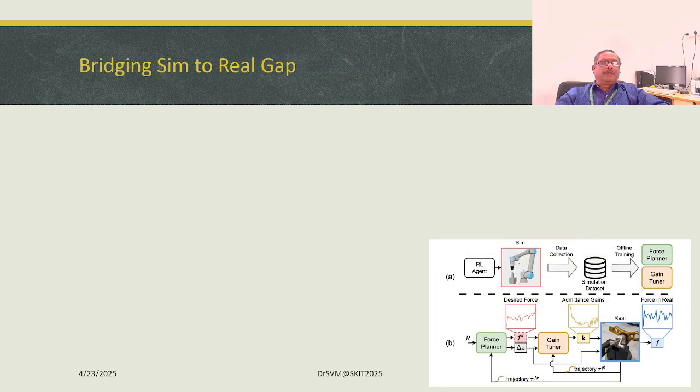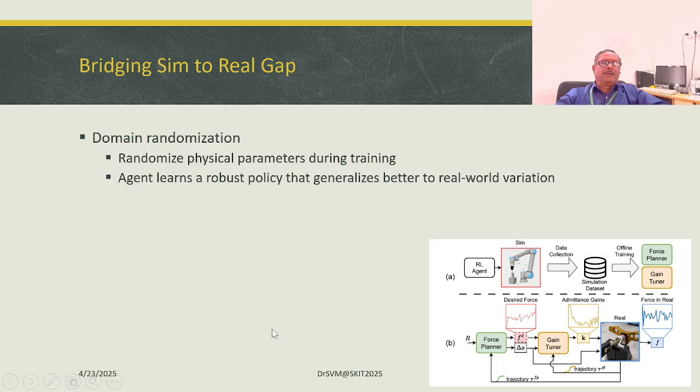So now coming to bridging this gap between simulation and the real world. We can go for domain randomization, that is, while training, there are many physical parameters used. So we can randomize these physical parameters during the training.